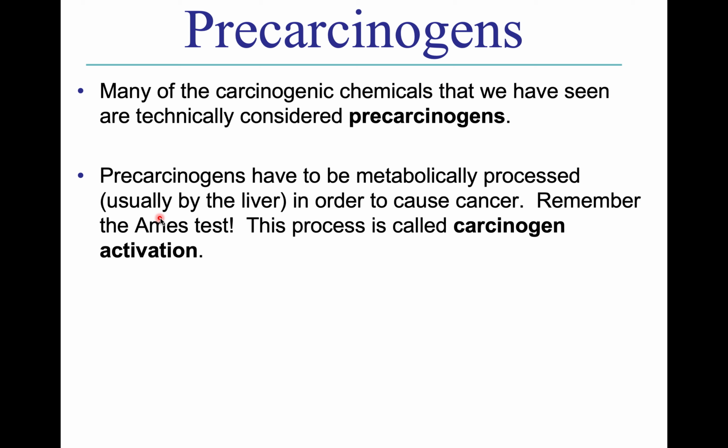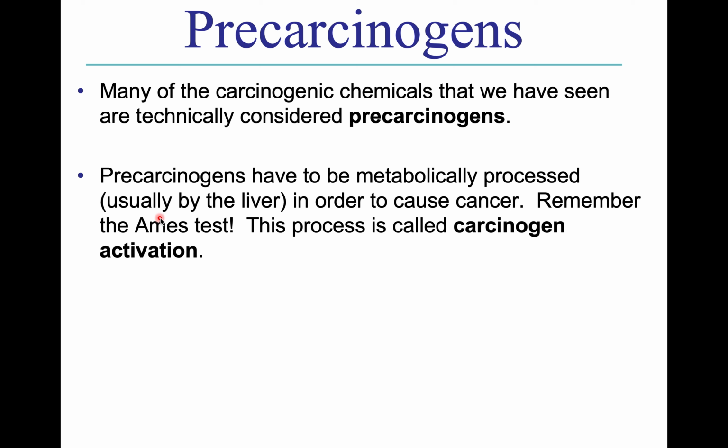So a lot of these chemical carcinogens, or things that we're calling carcinogens up to this point, are technically considered pre-carcinogens, meaning the actual chemical itself is only carcinogenic if it's been metabolized, processed by the liver, and that then some metabolic product is actually the true carcinogen. But it's sort of splitting hairs, right? Because if that pre-carcinogen gets in your body, it converts into a carcinogen.